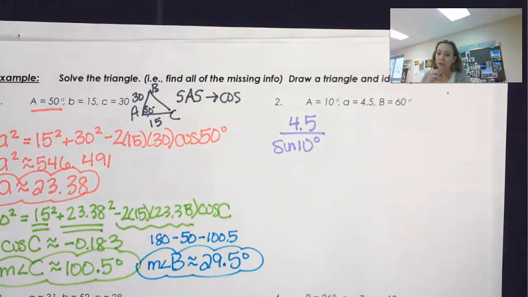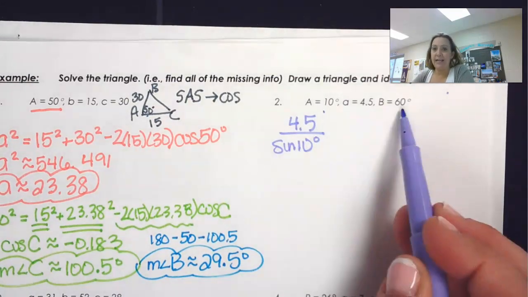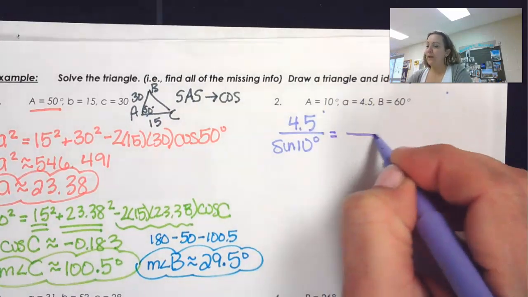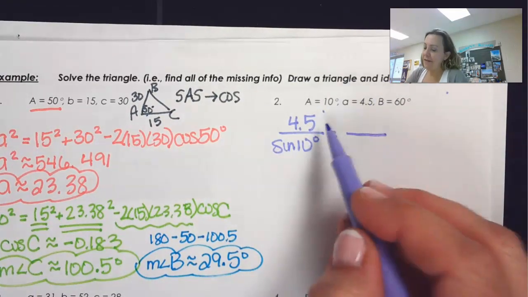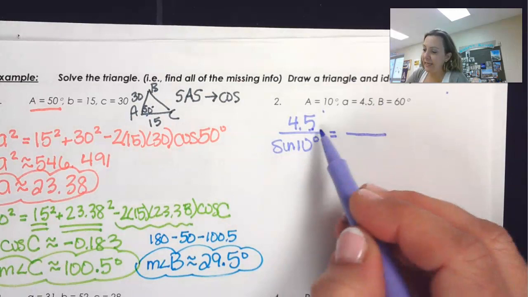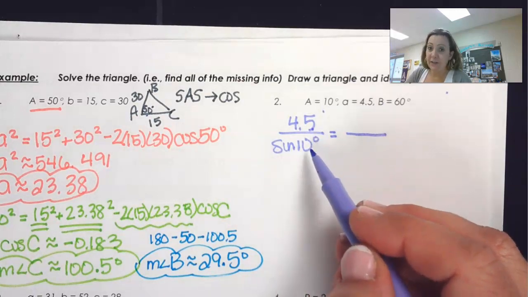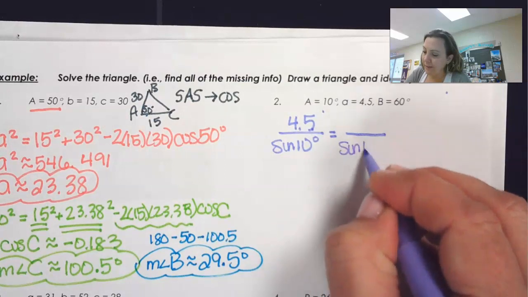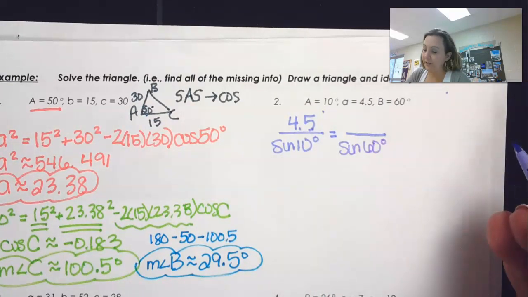If you were to draw a triangle, what you would find is that we have angle, side, which we can use the law of sines for. I have 4.5, side A, over the sine of angle A. And then I also know angle B, so the angle will also go in the denominator. I'll have the sine of 60 degrees.